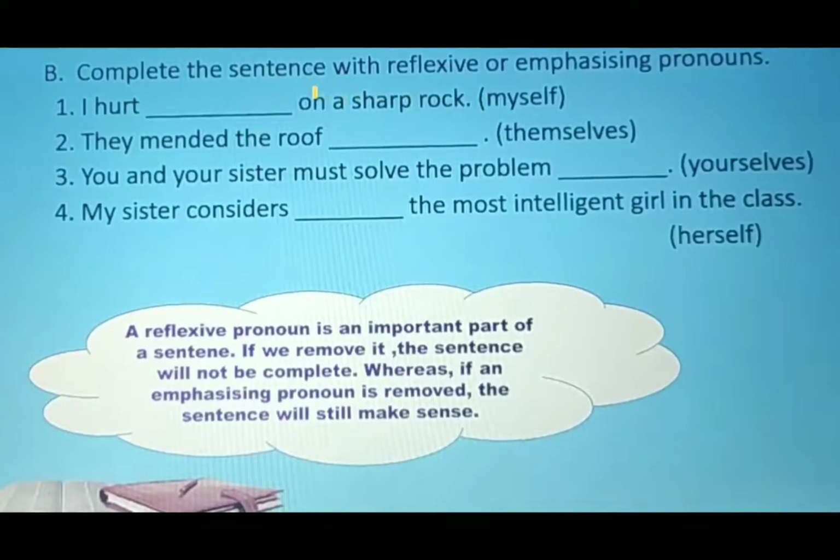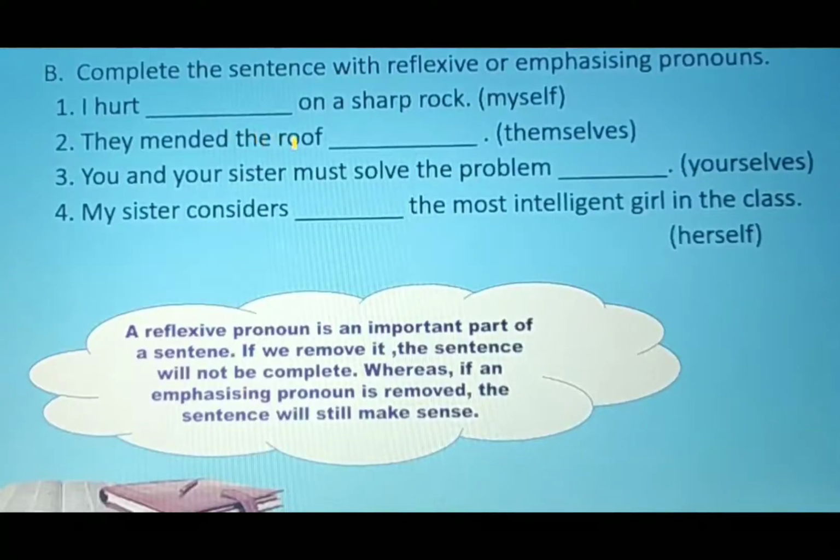I hurt myself on a sharp rock. If I remove the reflexive pronoun myself, the sentence will be I hurt on a sharp rock, which is not a complete sentence. So remember, if we remove a reflexive pronoun, the sentence will not be complete.